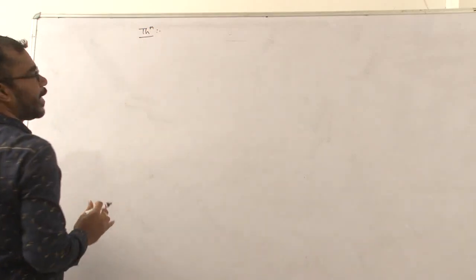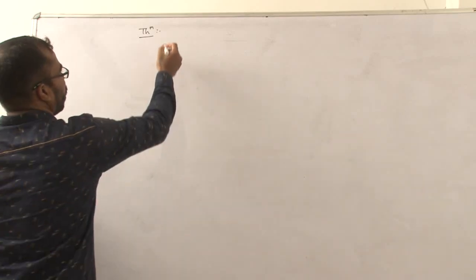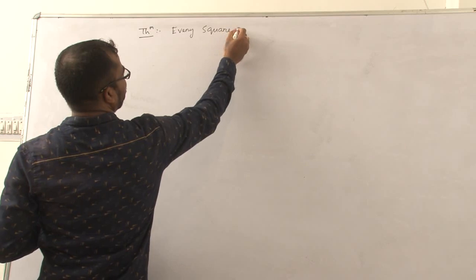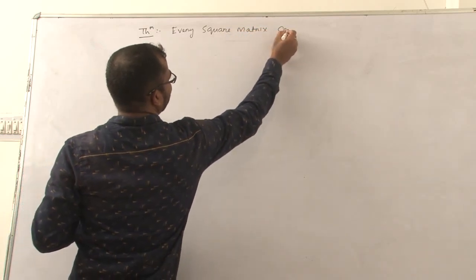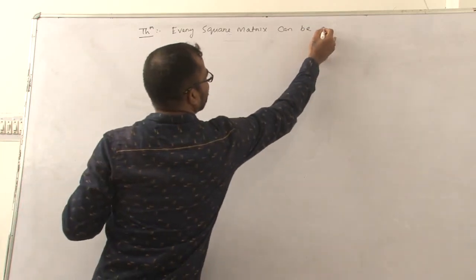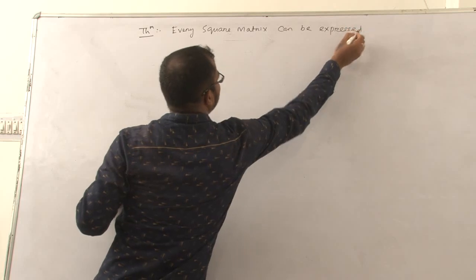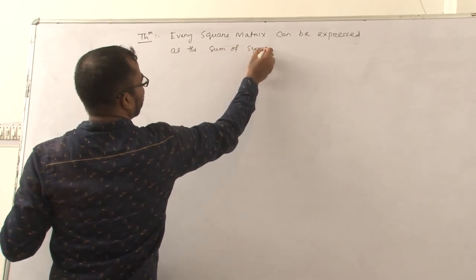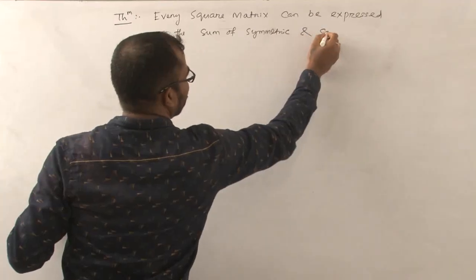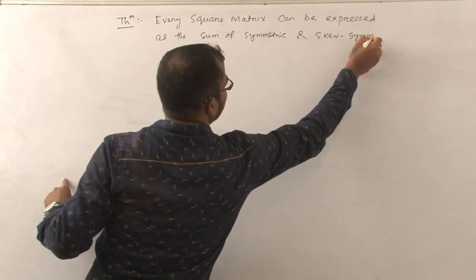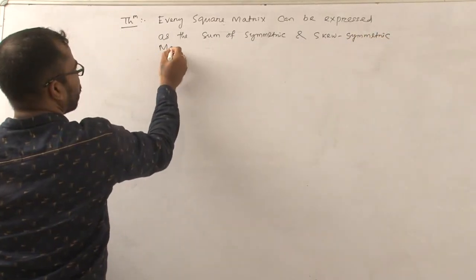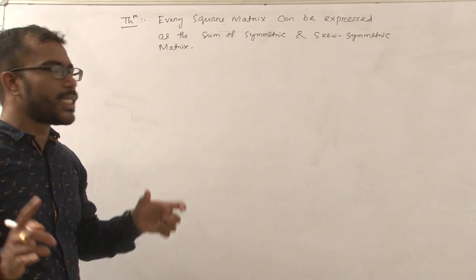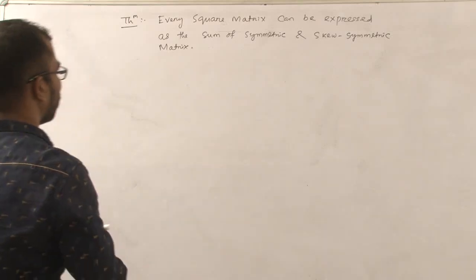In the theorem we have the relationship between symmetric and skew symmetric: every square matrix can be expressed as the sum of a symmetric and a skew symmetric matrix. Now we have to prove that.